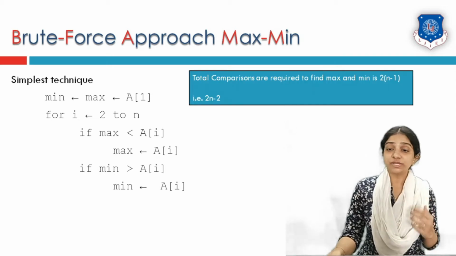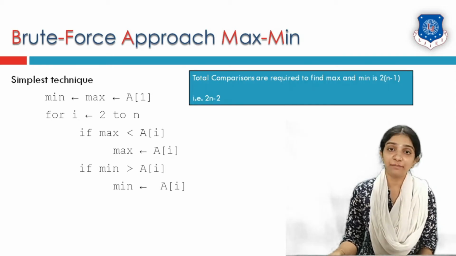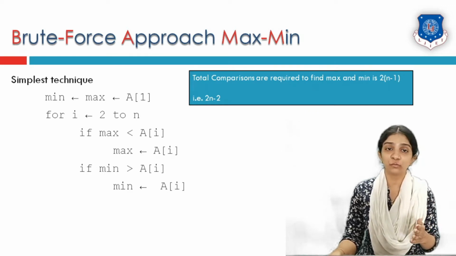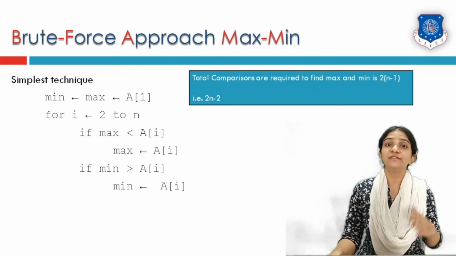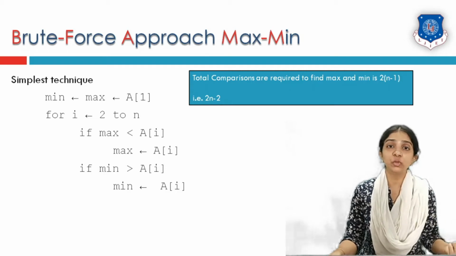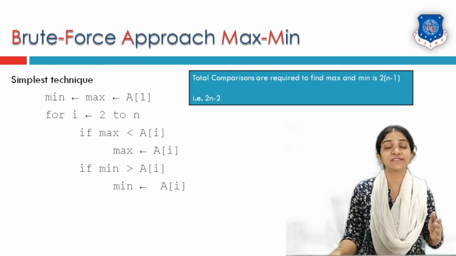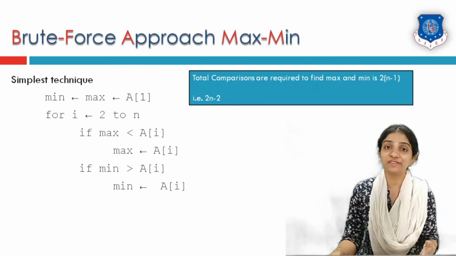The total number of comparisons required to find maximum and minimum element here depends on the number of times the loop works, that is, how many comparisons we have done. The loop is initialized from 2 and goes up to n, so the total number of times the loop is going to execute is n minus 1 times. And how many elementary comparisons are there?